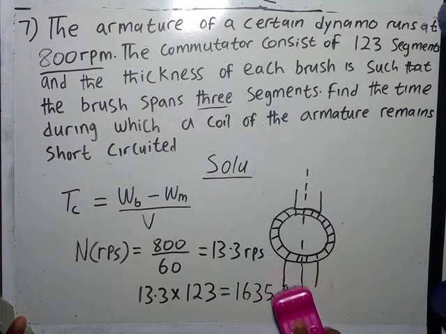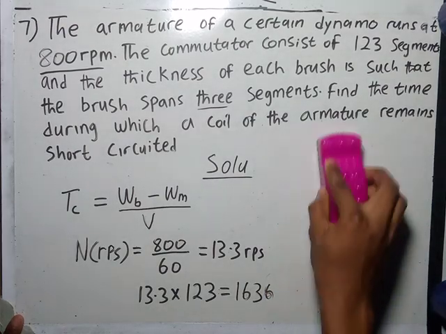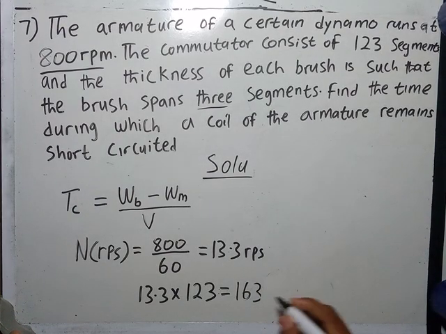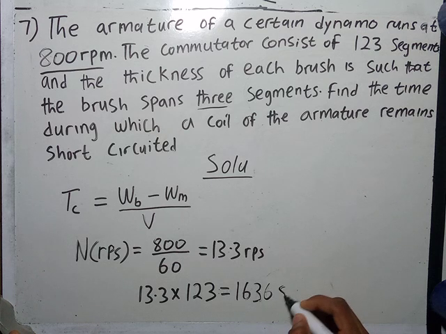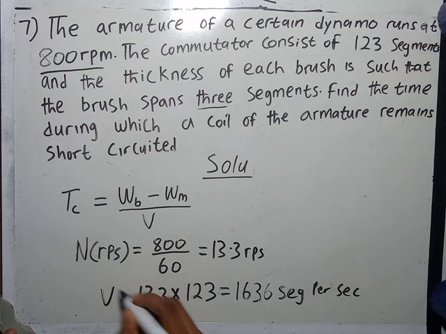If you approximate, this is 1636 segments per second. So we have succeeded in converting N into this V value.